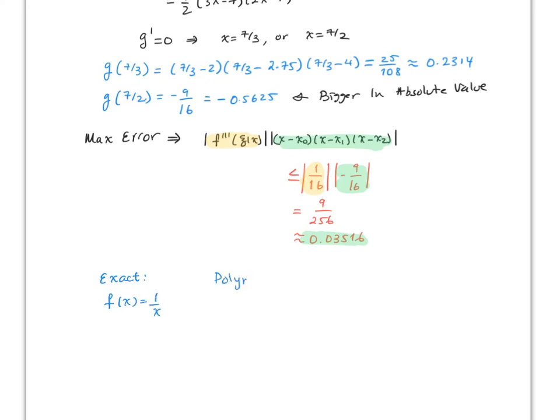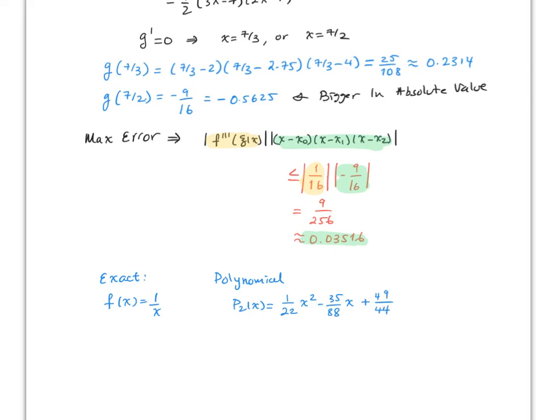And then the Lagrange polynomial that we found, p2, the second degree polynomial, was equal to 1 over 22 x squared minus 35 over 88 x plus 49 over 44.